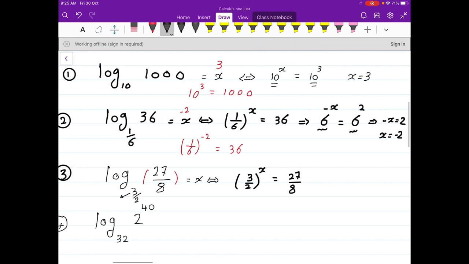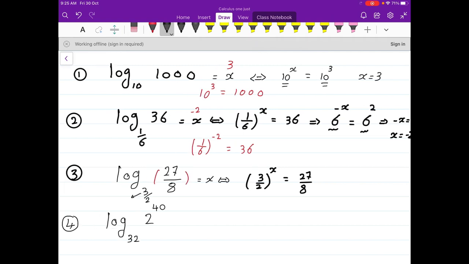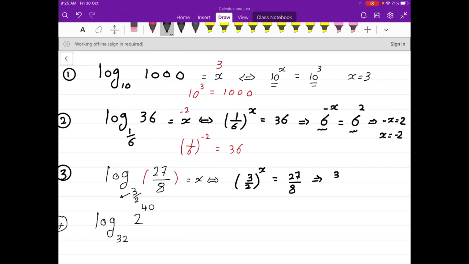Now the bases are different. We can write this equation in this form. 3 over 2 to the power x equals, you can write 27 over 8 as 3 over 2 cubed. Why? 3 times 3, 9 times 3, 27. So this is equivalent.